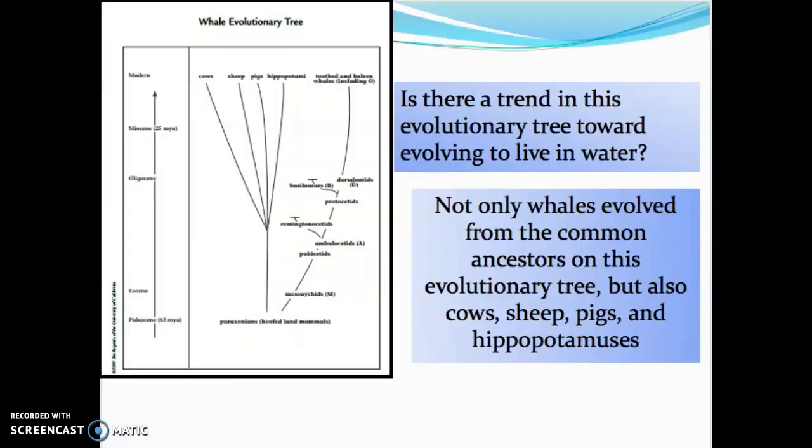So another question you could ask is, is there a trend in this evolutionary tree toward evolving to live in the water? Not only whales evolved from the common ancestors; it was the hoofed animals too. In addition, this is a different path. And the only thing that's different between these two is where they lived.